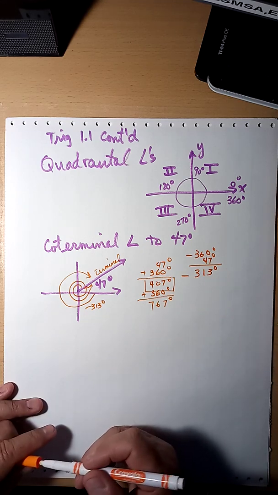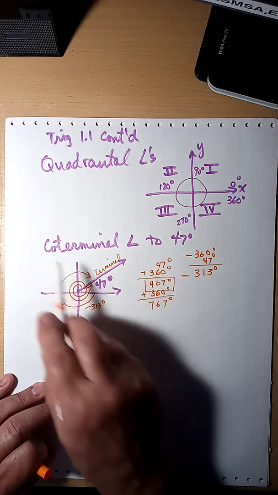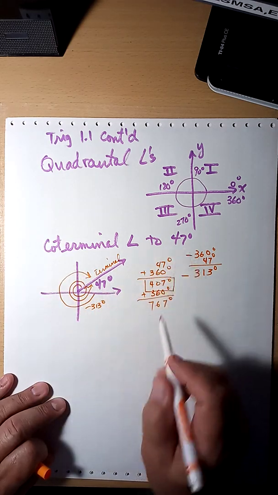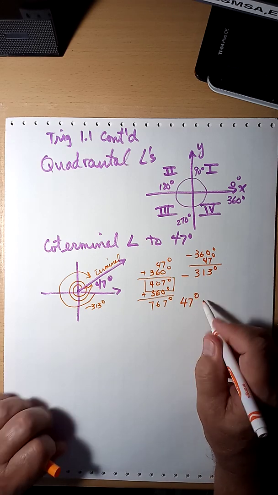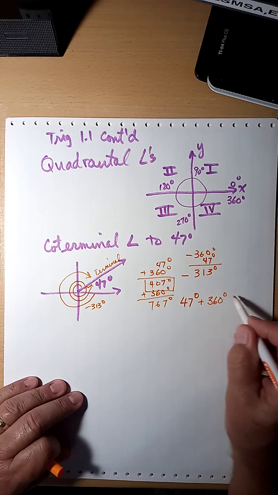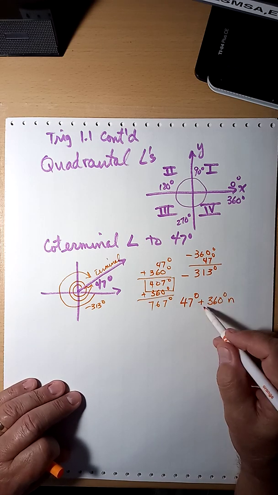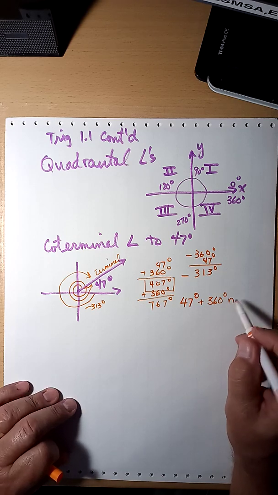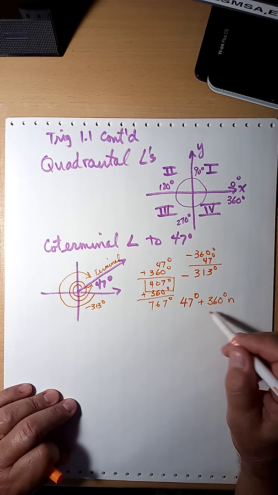That would take a long time to list. So the way we usually talk about all angles coterminal to 47 degrees is start with the 47 degrees and then add 360 degrees n times. Well, what if we do it once? If we do it 0 times, n would be 0. 1 time, n would be 1.